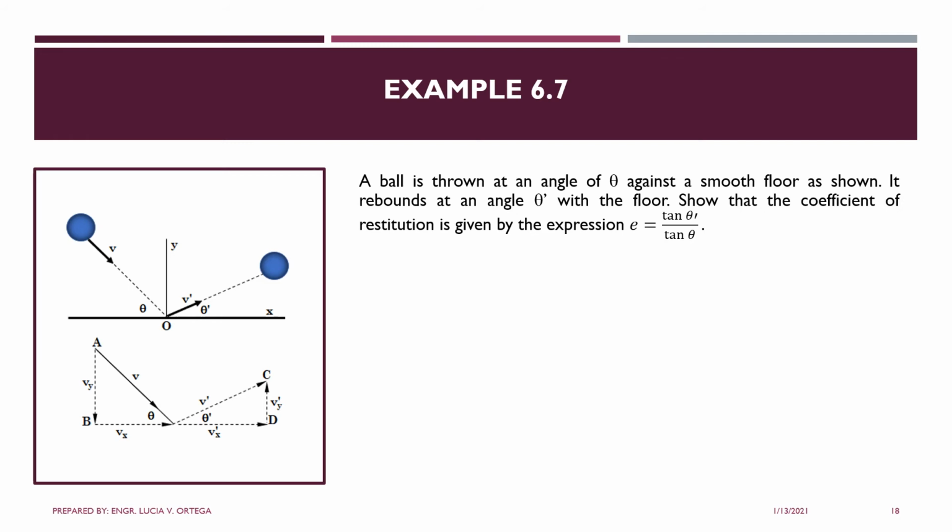Then another triangle is the velocity after impact. It will have its horizontal and vertical components. The angle of emergence after the impact is theta prime. So triangle COD. The point of contact here is point O.